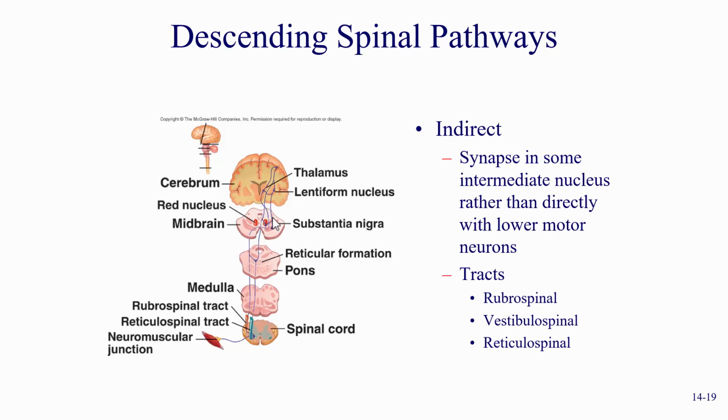And then also we're going to have some fibers that come through the substantia nigra. So again, this is our crossover point to the opposite side, going through the pons, the medulla, and then finally to the rubrospinal tract and reticulospinal tracts, where it then exits at the anterior spinal cord and goes to its target muscles.